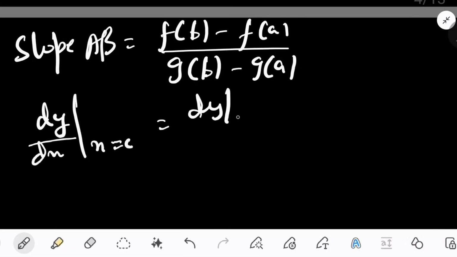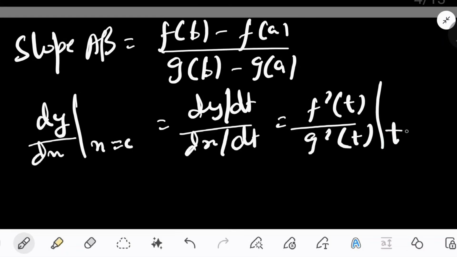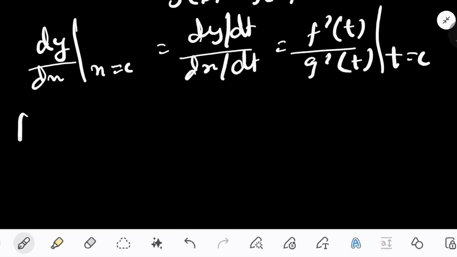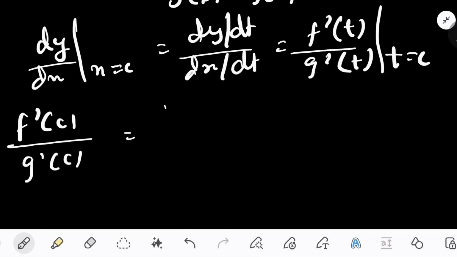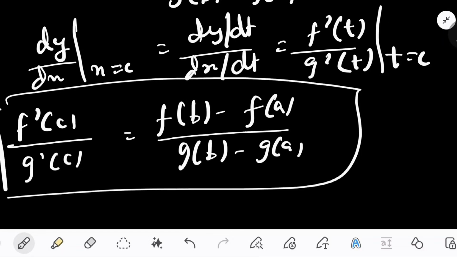You get dy by dt by dx by dt. You get f'(t) by g'(t) at t is equal to c. You get f'(c) by g'(c) is equal to f(b) minus f(a) by g(b) minus g(a), right?